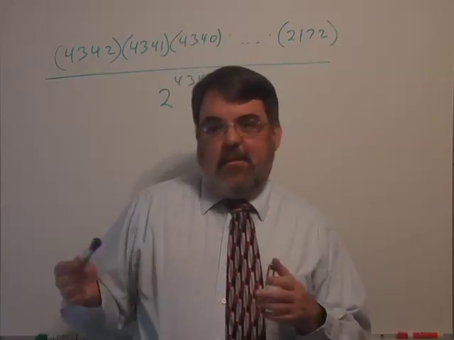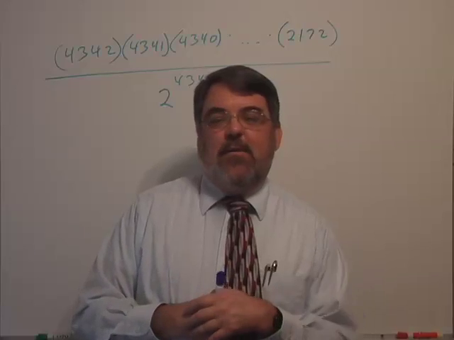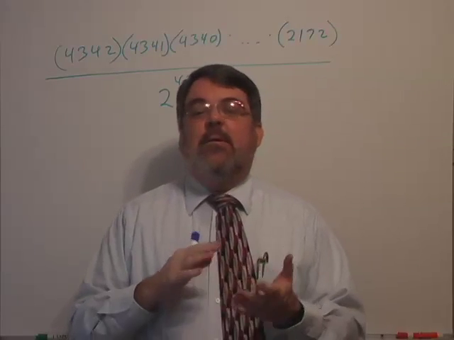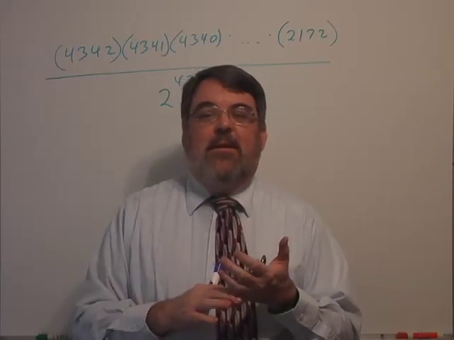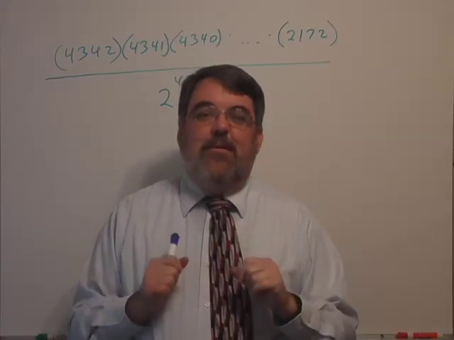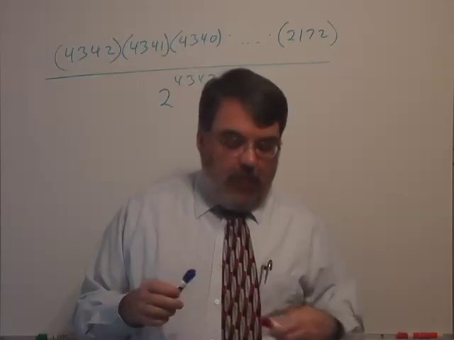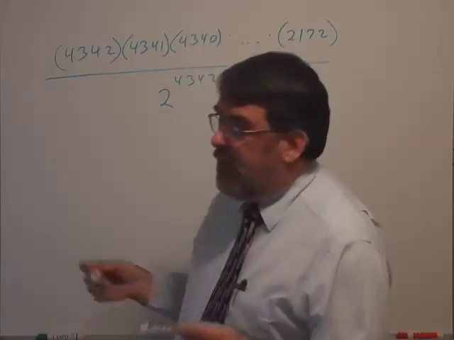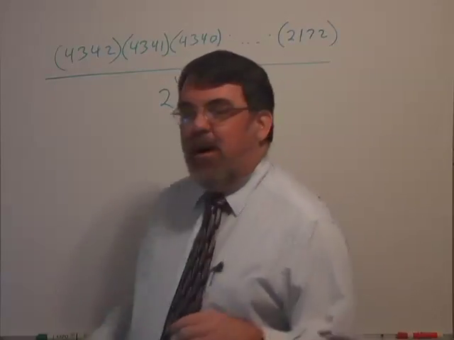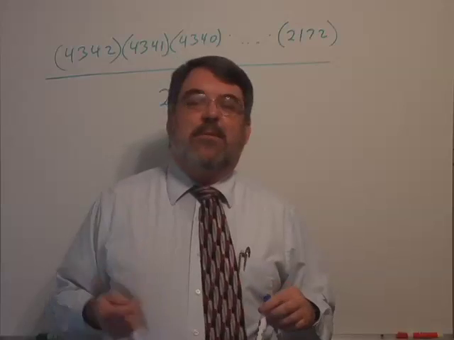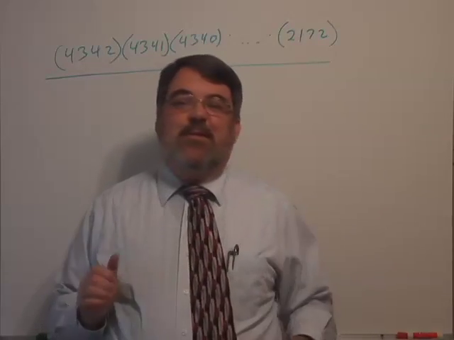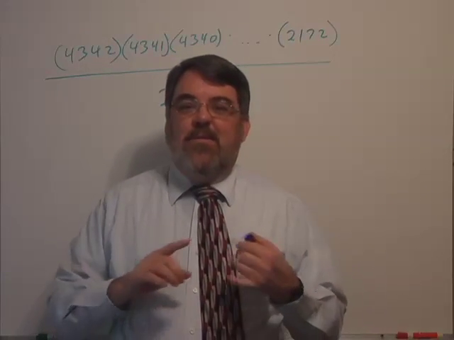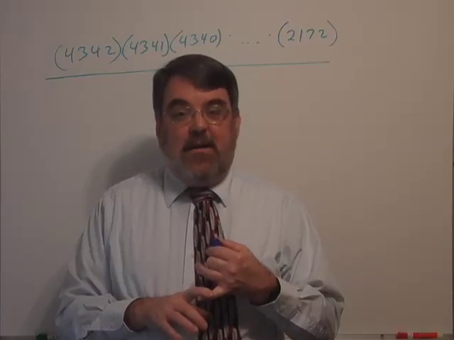It's in your book, but here's the full calculation of how you would estimate the odds of getting a tie election with that many votes. In other words, if 4,342 people voted and everybody walked into the voting booth and flipped a coin to determine who they're going to vote for, what's the probability of getting an exact tie?